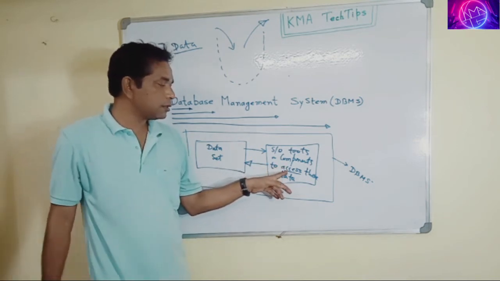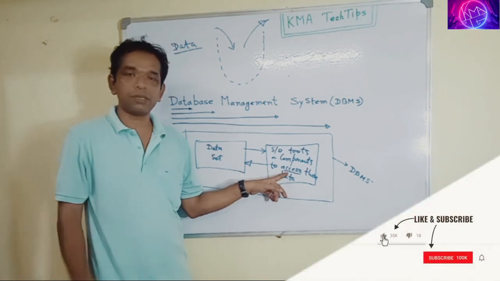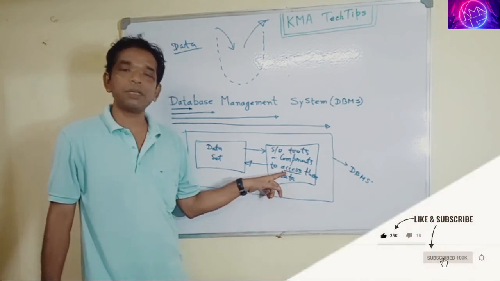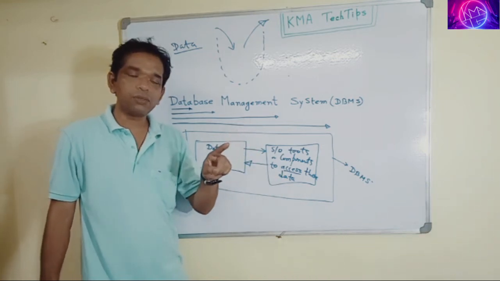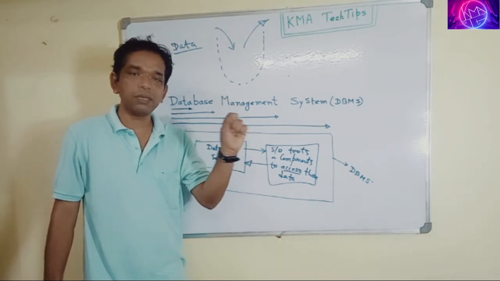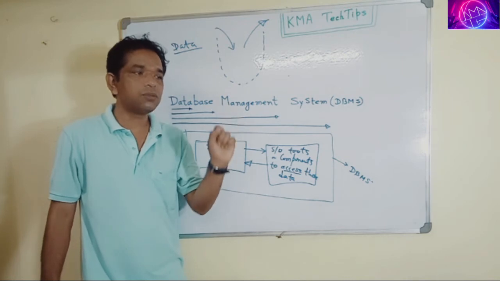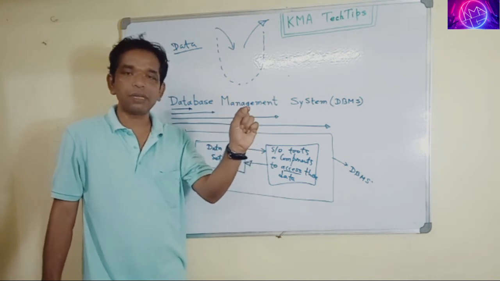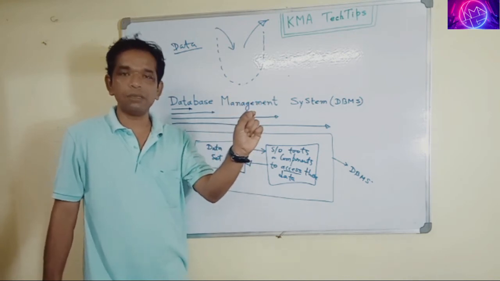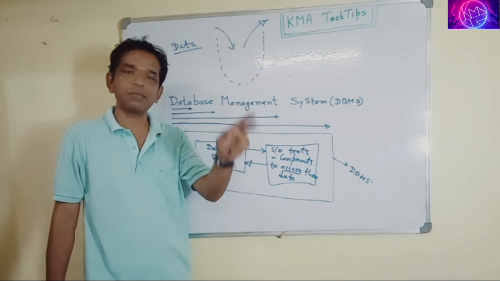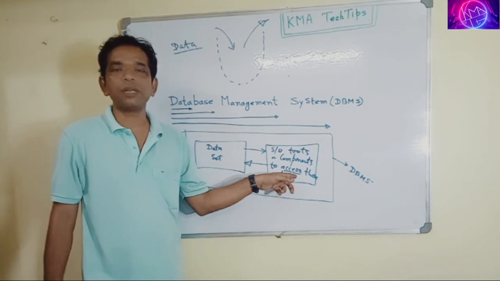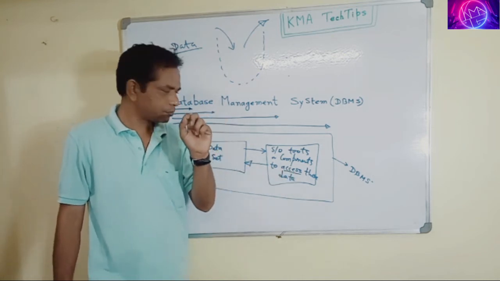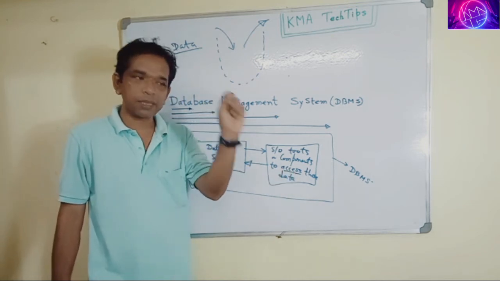And just consider the delete operation. Whenever you are going to delete a particular data from the database, first of all you need to reach that particular data. You need to access, you need to identify the data which is going to be deleted. So before deletion, access is there. In another operation, if you are trying to update a particular data, then also you need to reach that particular data.